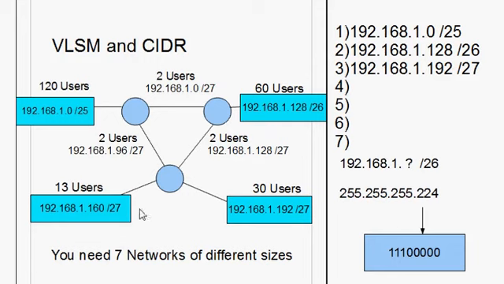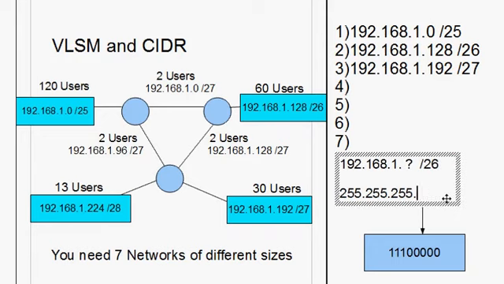Okay? The next network over here, let's say of 13 users, which we'll go to the 16-bit. So this one will start, let's see here, 192 plus 32, will start at 224. It'll be /28, and it'll give me 16 users. All right. In decimal form, it'll be the 240. The binary would look like this.